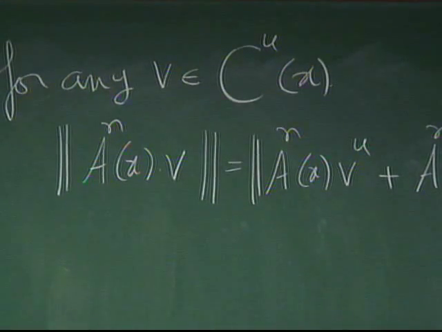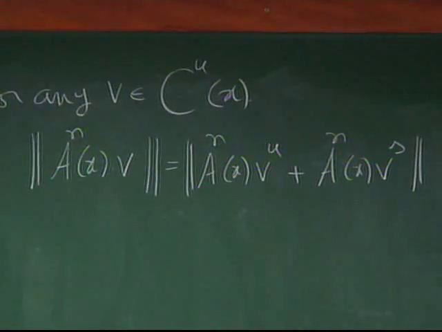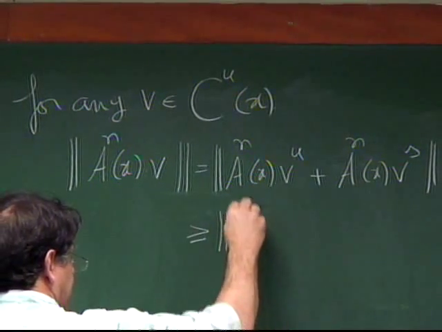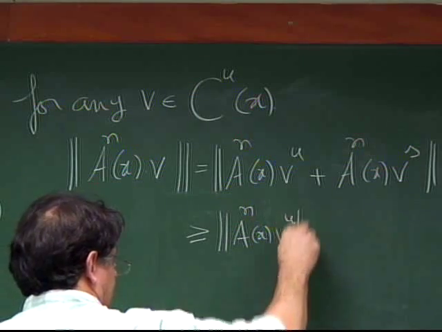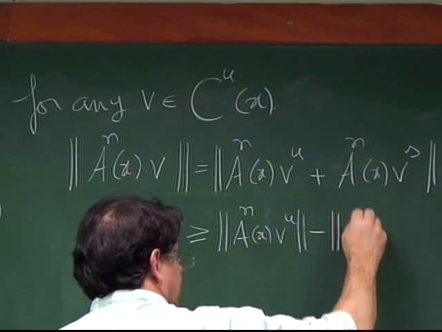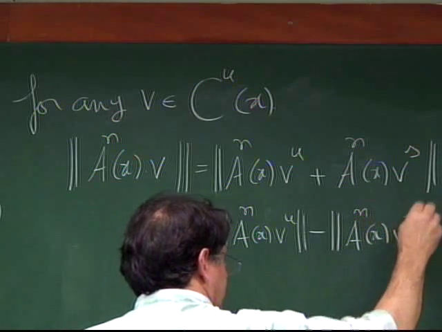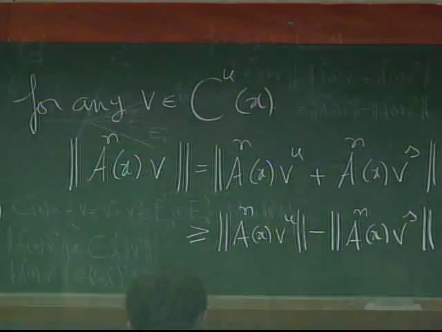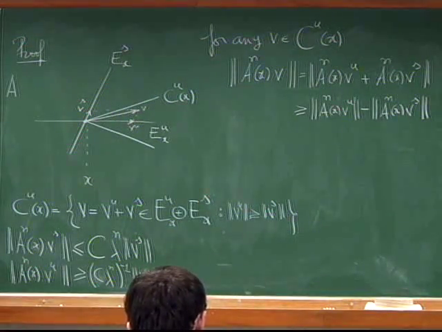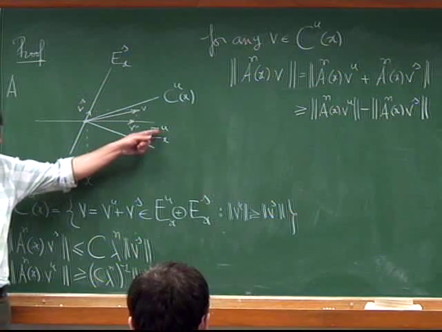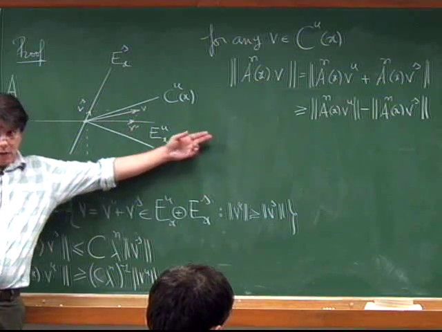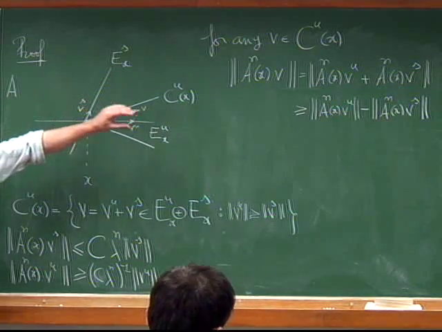Now you have a sum, and you do something that is always very dangerous, which is to bound from below by the difference. Why am I not very worried? Because I know that the component that points in the unstable direction is going to grow by iteration, and the other component, in the stable direction, is going to decrease.